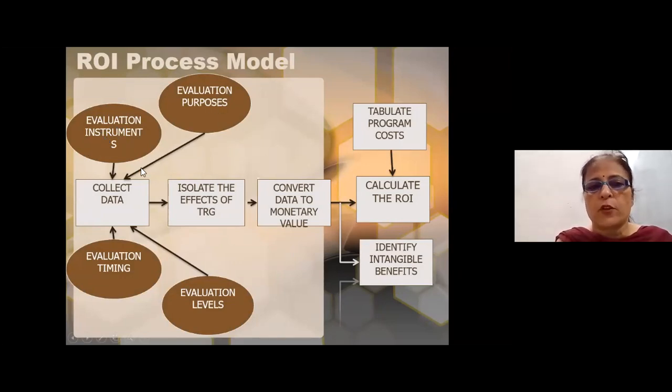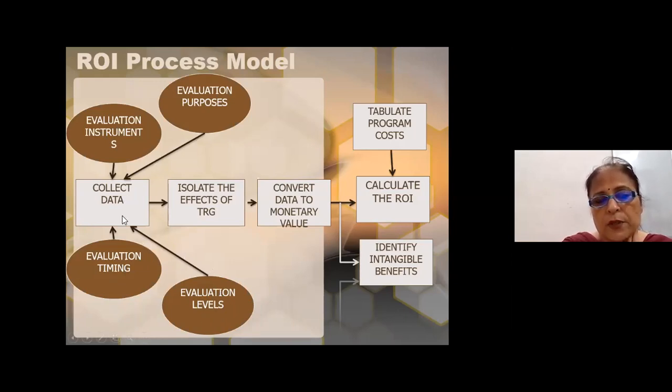Evaluation purpose also determines what kind of data you will collect and how you will collect it. Then timing also: is it being done after 3 months of the course or 5 years of the training, when a full workforce is ready with the training, equipped with all the knowledge and skills? And the evaluation levels where you want to do the evaluation.